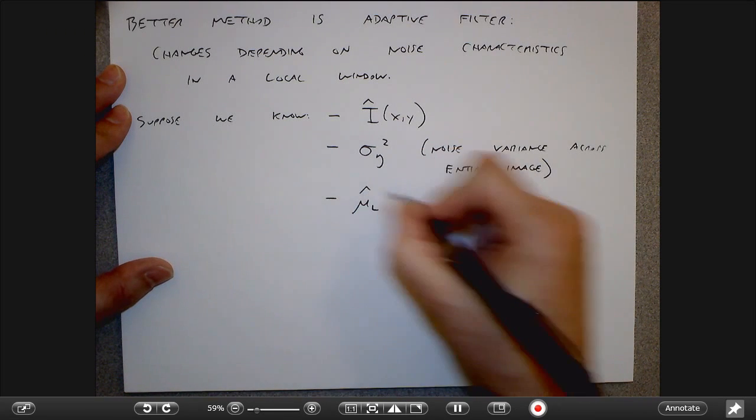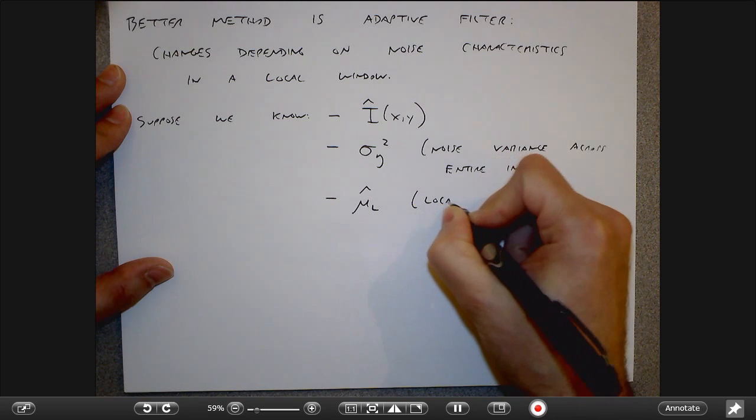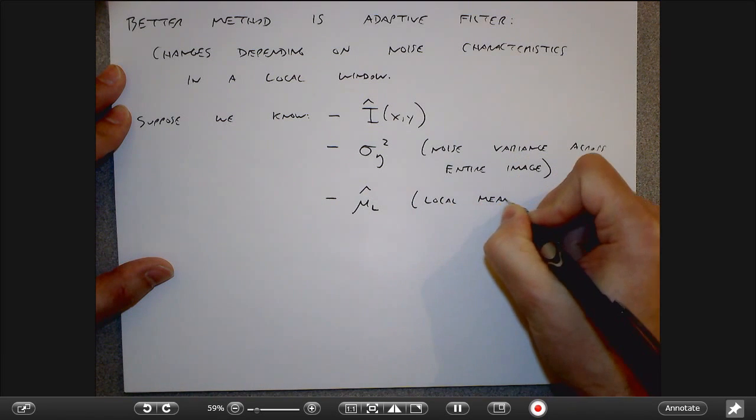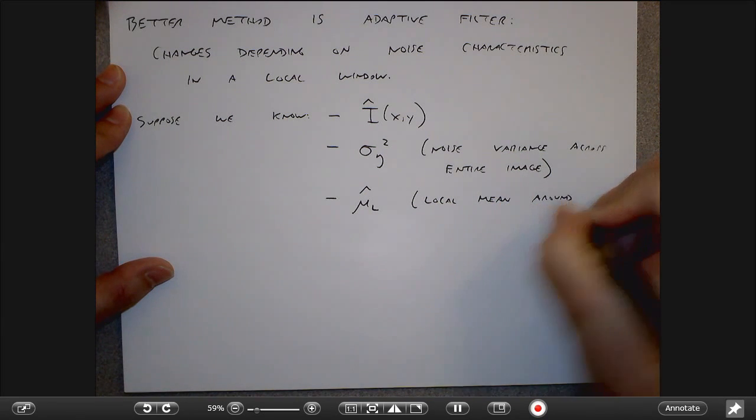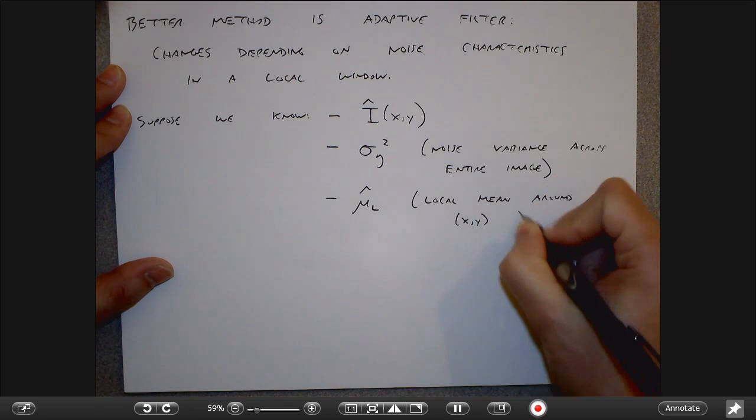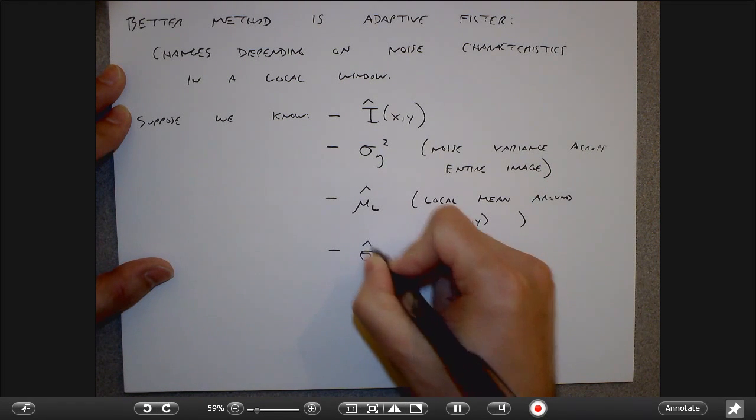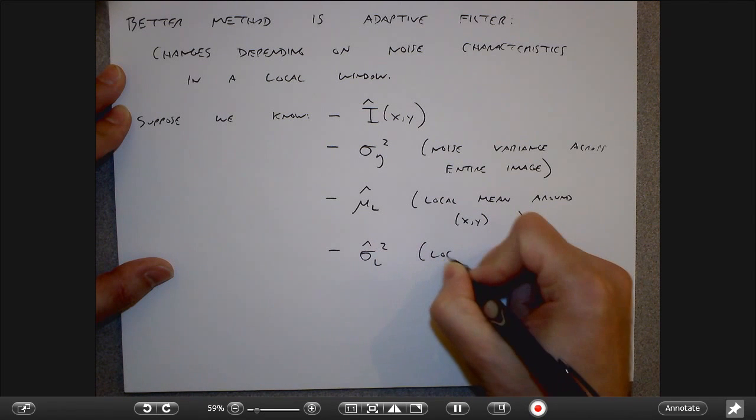And then we can estimate the local mean around a pixel, let's call it xy, and the local variance.